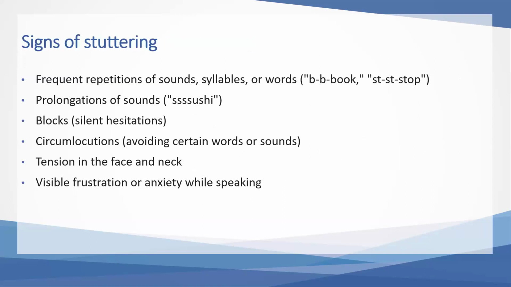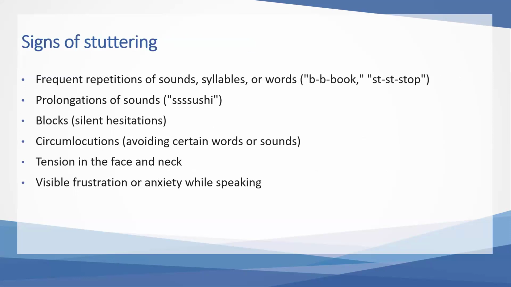So some of the signs of stuttering that can be seen are frequent repetition of sounds, syllables, or words, prolongations of sounds, and blocks, which are silent hesitations and primarily look like they happen when someone loses airflow and cannot create voicing.